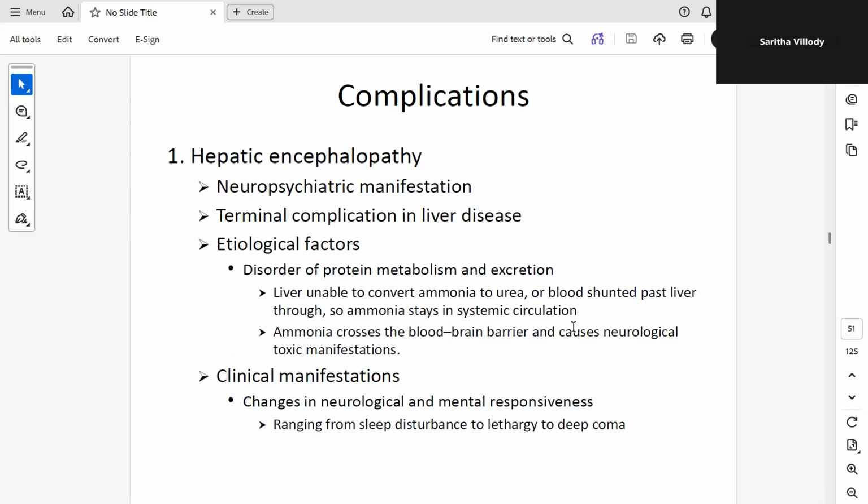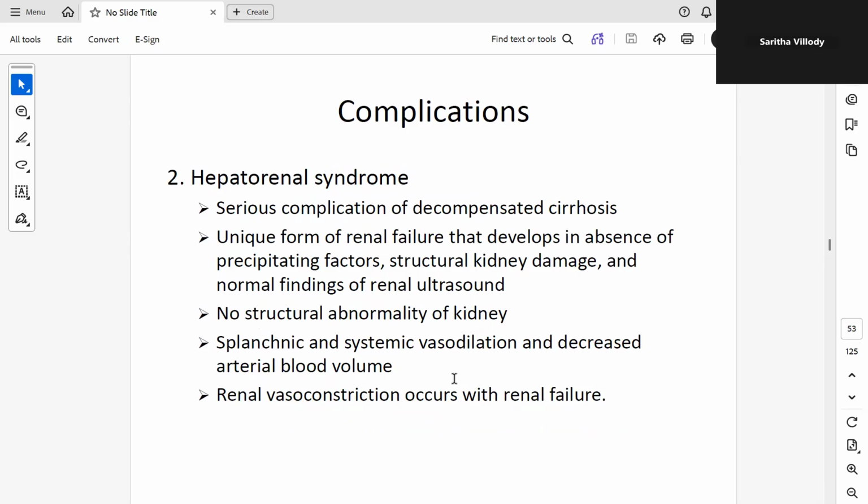This conversion does not happen as a result of impaired hepatic cells, and this results in accumulation of ammonia in the blood, which causes excessive sedative effect, which is called hepatic encephalopathy. Ammonia can also cross the blood-brain barrier and cause neurologic toxic manifestations. So hepatic encephalopathy is one of the end-stage manifestations of liver cirrhosis.